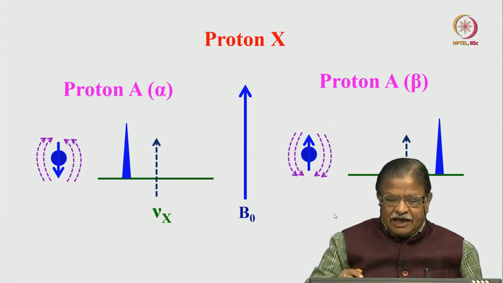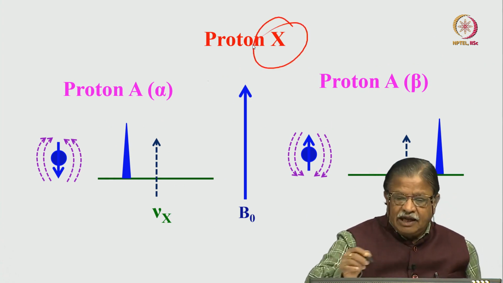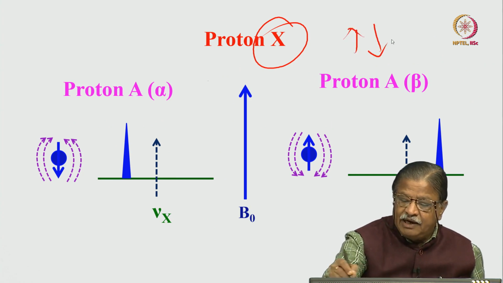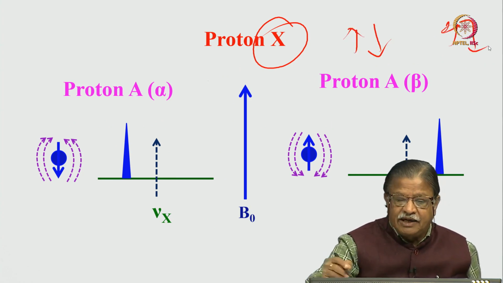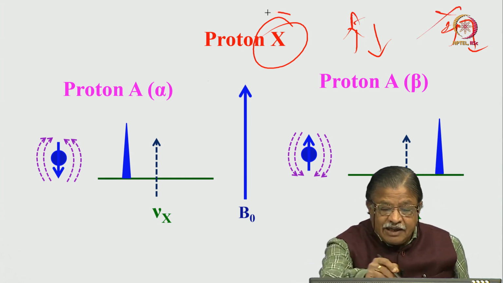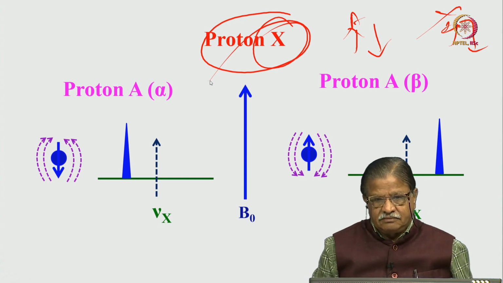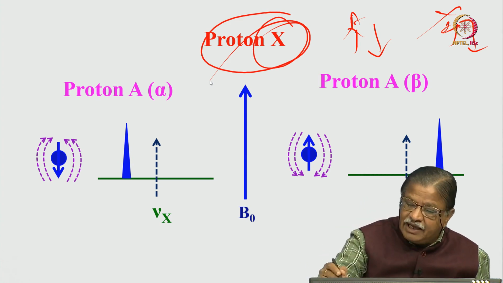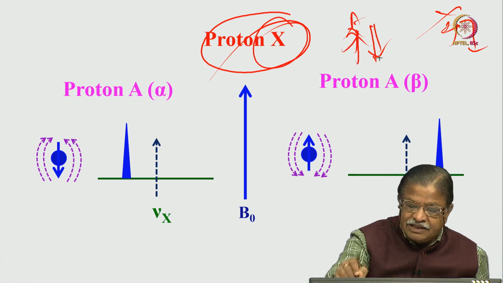Let us consider proton X. There are only 2 protons we are considering, each of them has alpha and beta, 2 orientations. Let us say this is for A, this is for X. Now I am considering proton X. This proton X can see proton A either in this state or in this state.